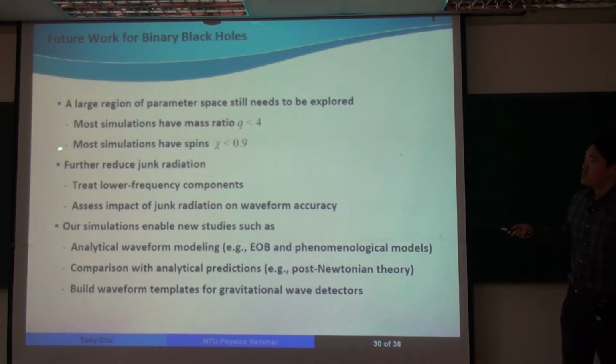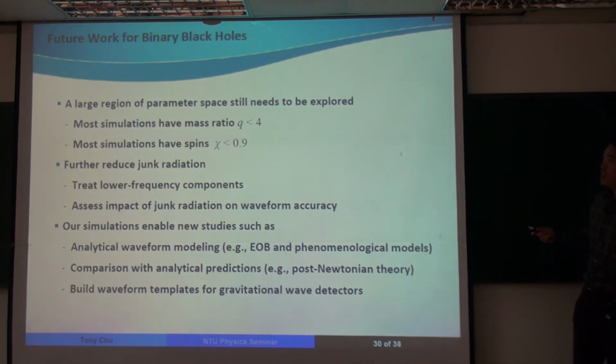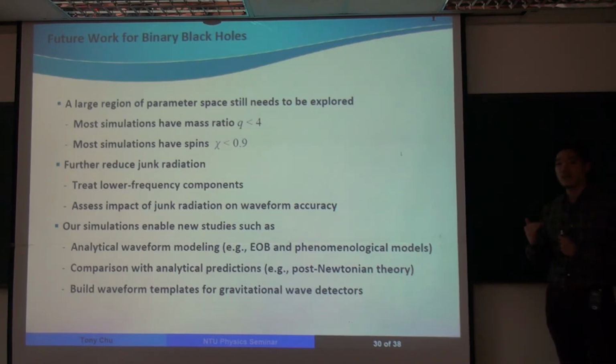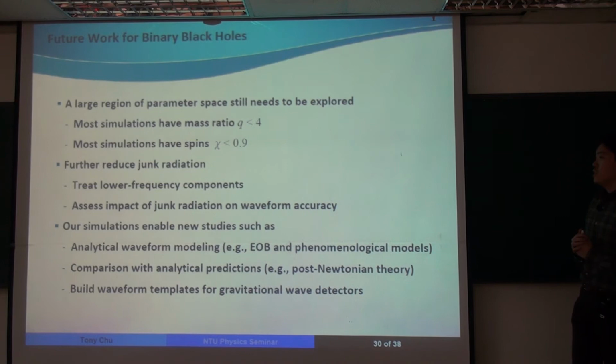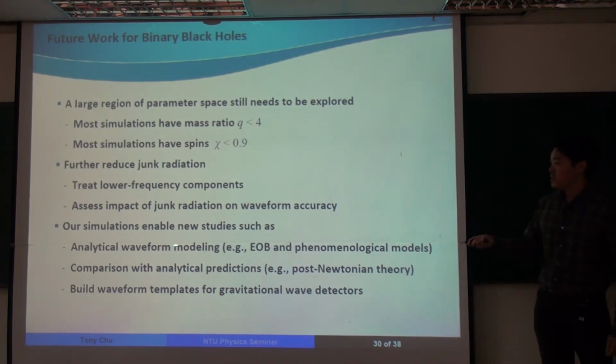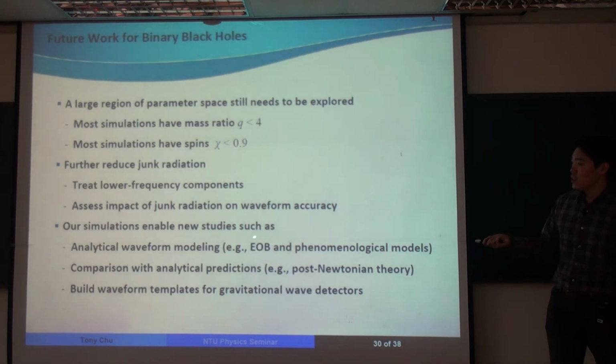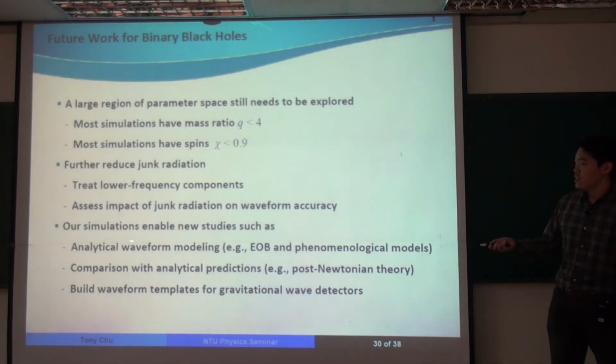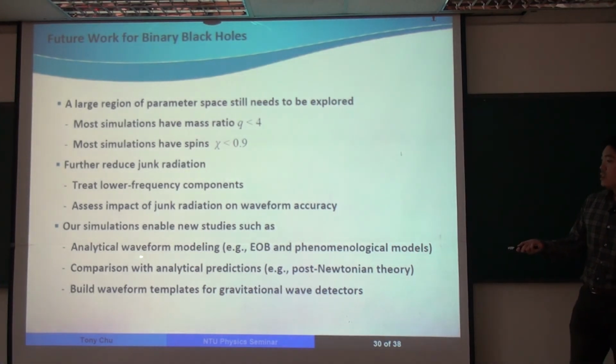We can also try to further reduce the junk radiation that comes in our initial data. This is a limiting factor in the accuracy of our waveforms, so we would want to get rid of that. But the new simulations that we have now enable new studies such as analytical waveform modeling and comparison with analytical predictions.